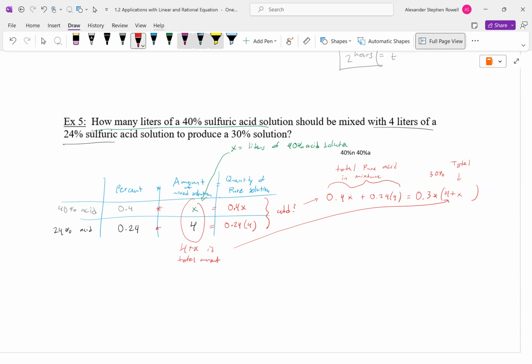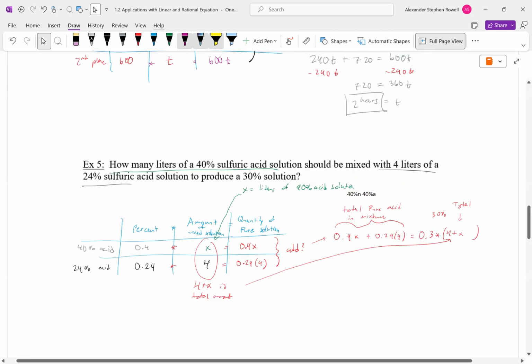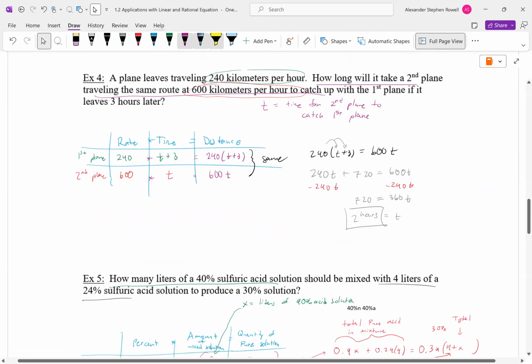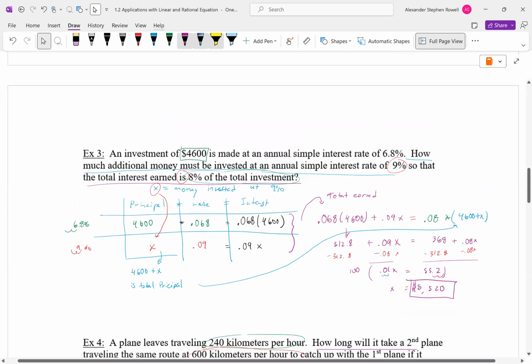All right, any questions about this? Now, I want to go back to this investment problem. You notice the similarity here? We added this interest earned to get the total earned, like the total mixture. And then we had an 8% interest on the total invested.